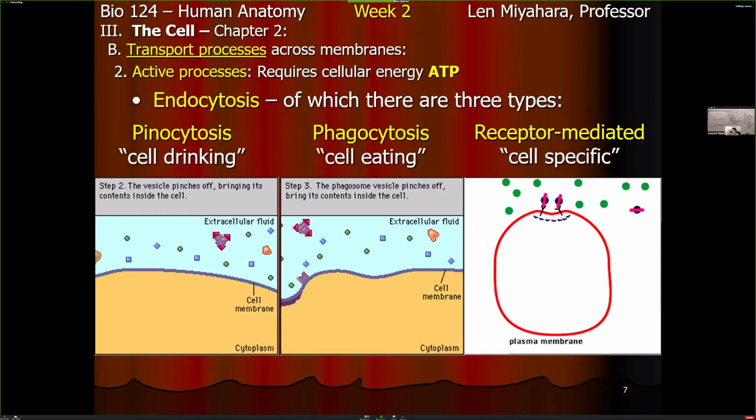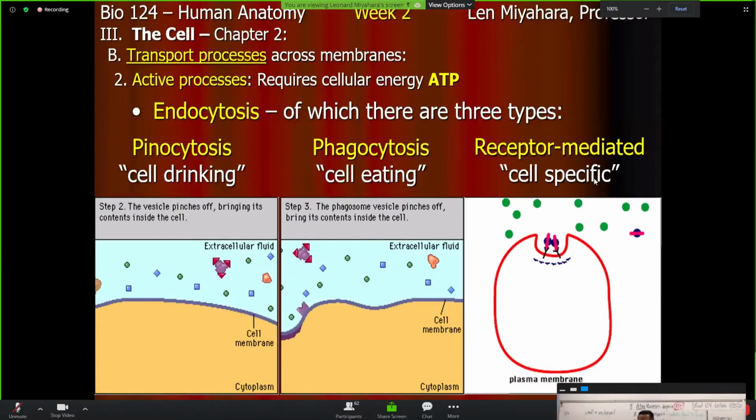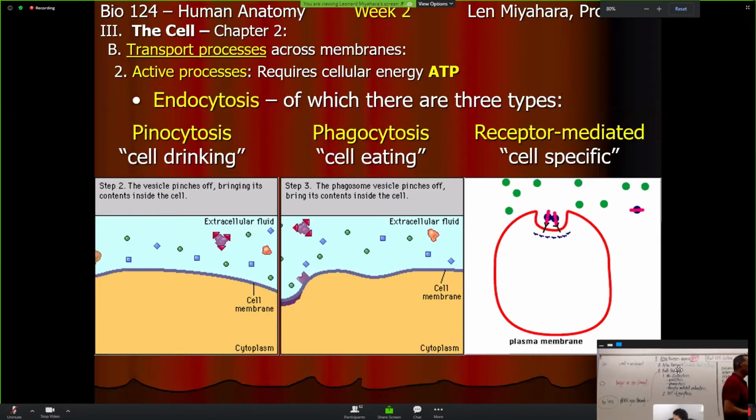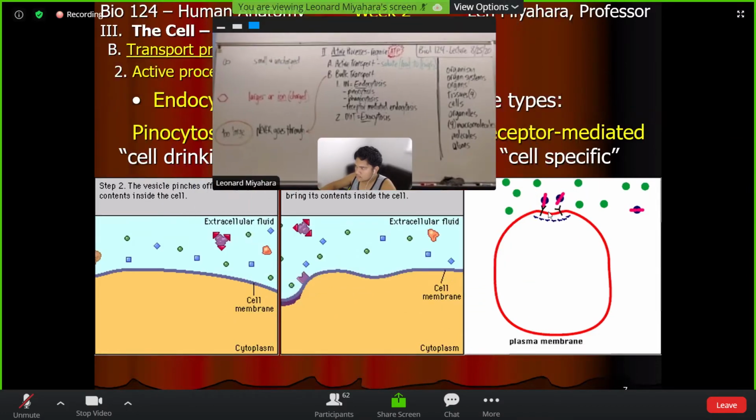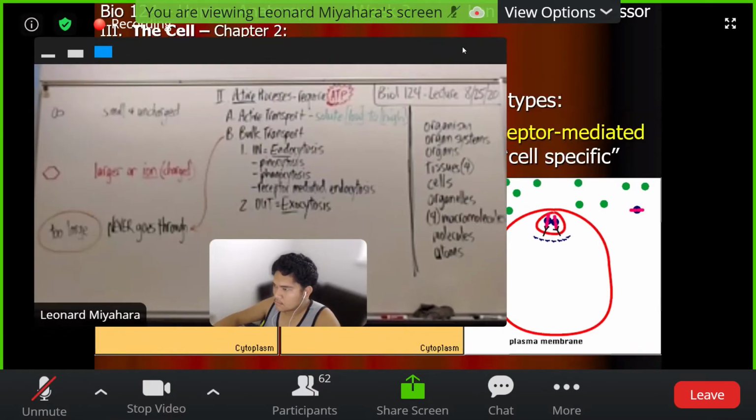Now look at that picture on the top right, this tiny picture. Those flying saucers are too large. They never cross that red line, and they still get into the cell. The red line is the plasma membrane, and those flying saucers aren't crossing the red line. They're still going into the cell. Do you see why I connected that orange line to that too large?